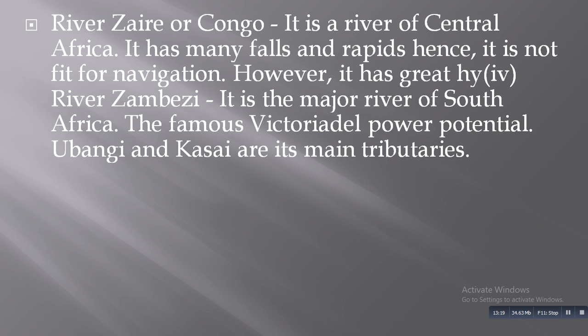Next river, Zambezi. It is a major river of South Africa. The famous Victoria hydropower potential is used in this river. Ubangi and Kasai are its main tributaries. Next river, Niger. It is one of the important rivers of West Africa. River Benue is the main tributary.